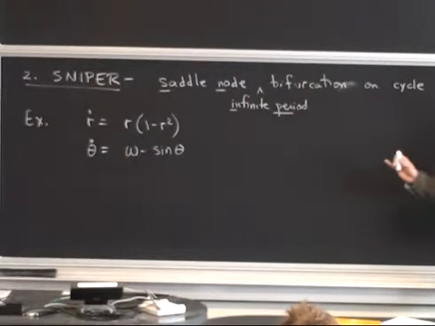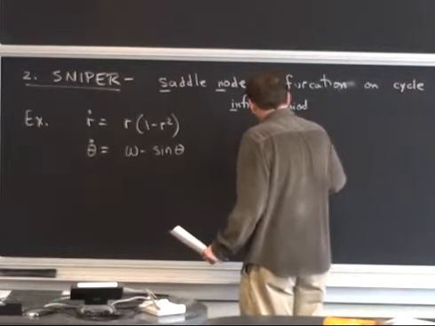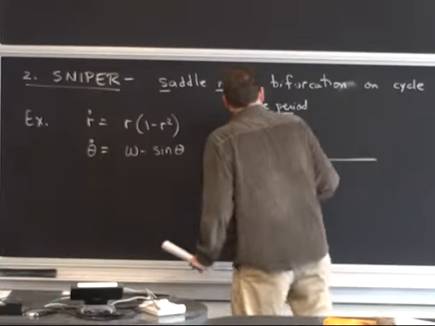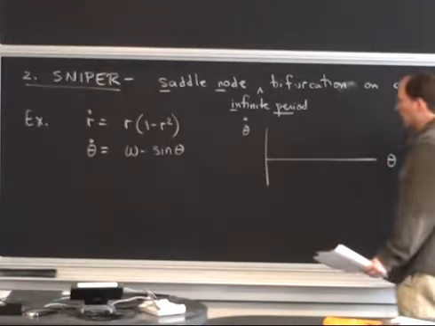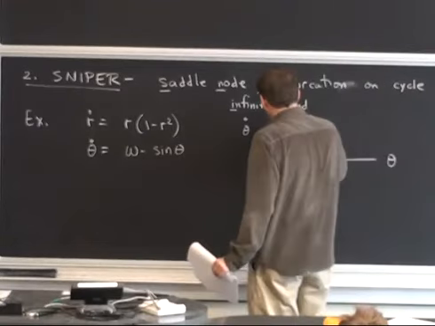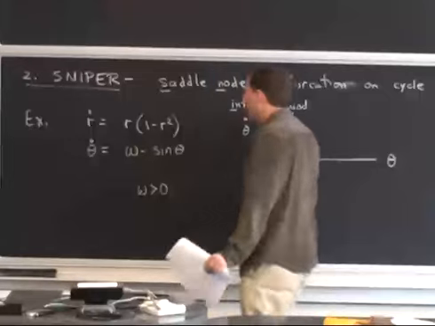Should we briefly talk about that? Maybe it's worth saying something, because we did skip that chapter. Let's quickly look at that. So theta dot versus theta for such a system, well, we just graph omega minus sine theta, and we have two kinds of pictures. Let's suppose omega is positive for simplicity.